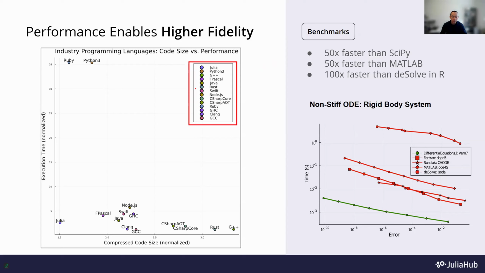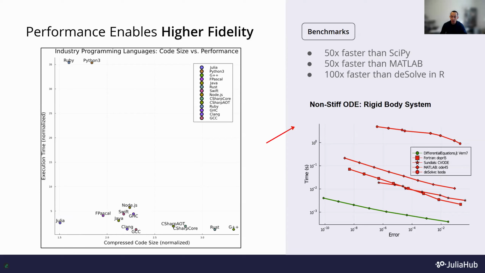And after they're implemented, we measure how fast and how easy it was to implement those algorithms in these languages. So if you look at Julia here in the lower left-hand corner, you can see that the execution time compared to other languages is low. In other words, the execution is fast. And also the compressed code size is also low. In other words, there are few lines of code required to implement these algorithms.